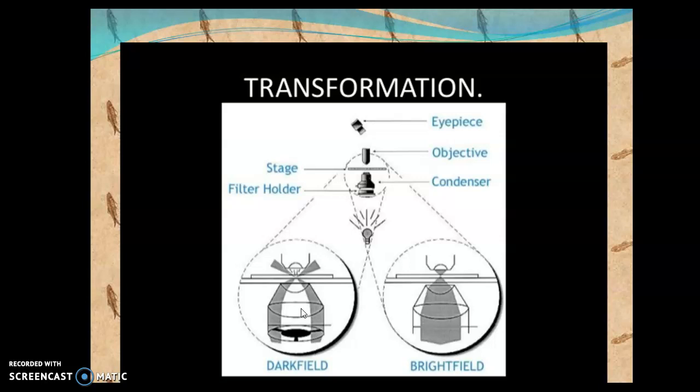As a result, we observe a lighter image on a darker background. In bright field microscopy, there is no such special disc, so we observe a bright field and the object is seen in darker color. This is the major difference between dark field and bright field microscopy.